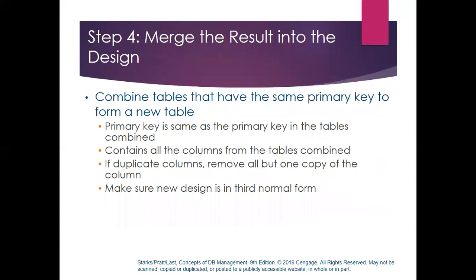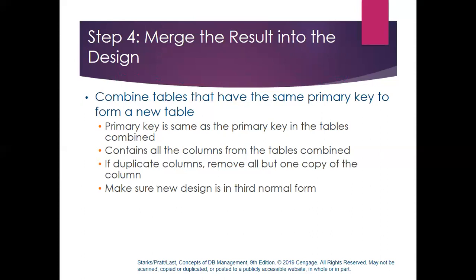In step 4 of the informational level design, you merge the results of steps 1 through 3 into the cumulative design. You will have to combine all the tables that have the same primary key to form a new table.